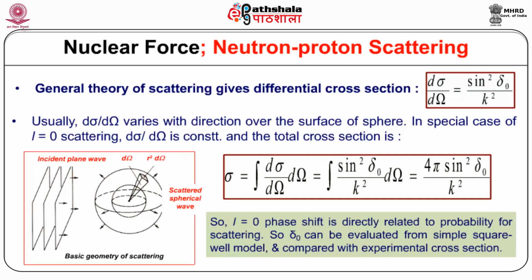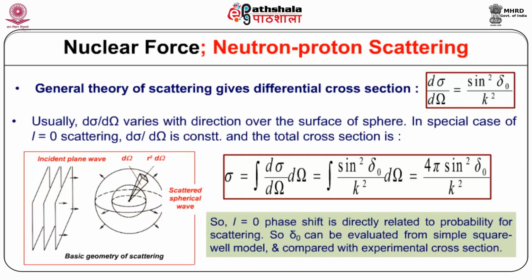So in this slide, we basically tried to find out the differential cross section of NP scattering at low energy. If we apply the general theory of scattering, we get the differential cross section of NP scattering as sin square delta 0 by k square, and the total scattering cross section is equal to 4 pi sin square delta 0 over k square.